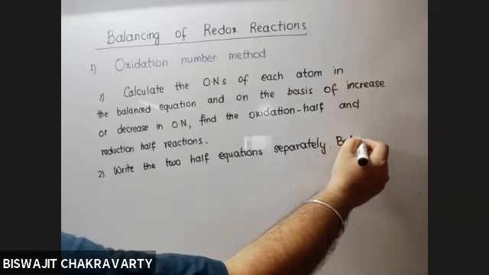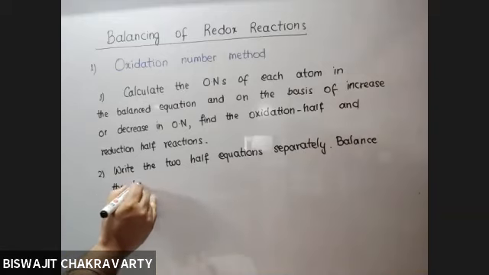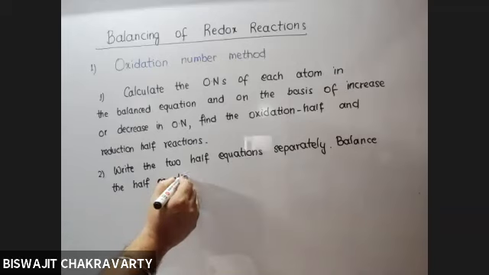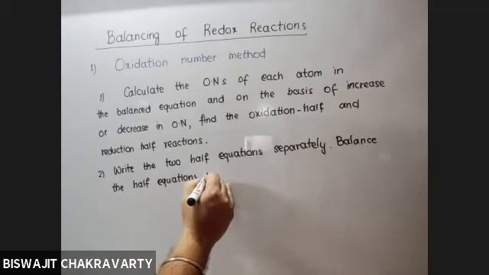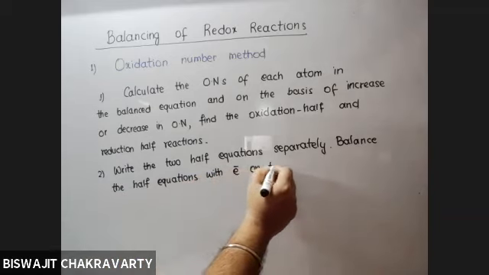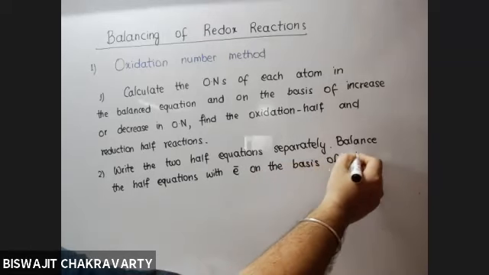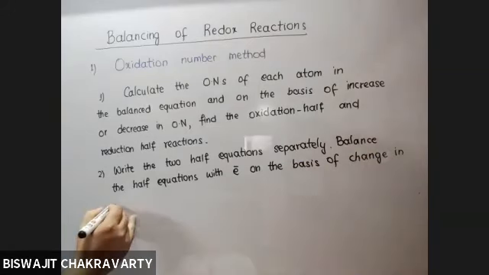Balance the half equations with electrons on the basis of change in oxidation number.